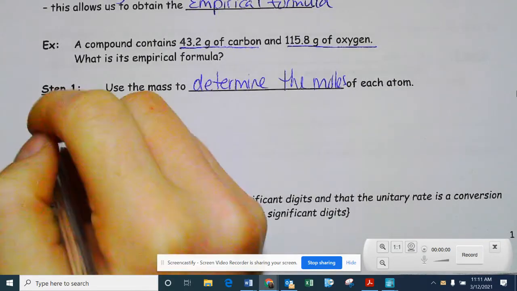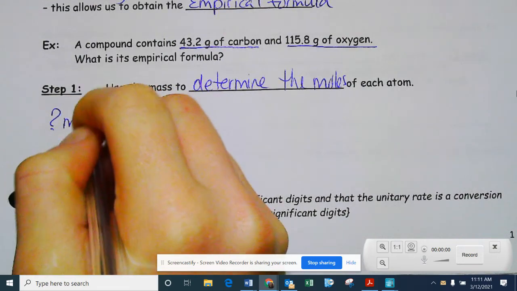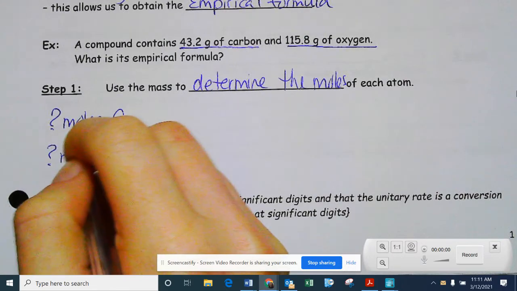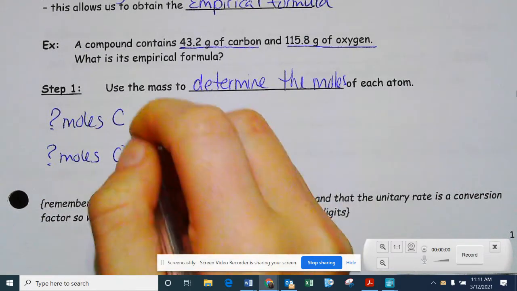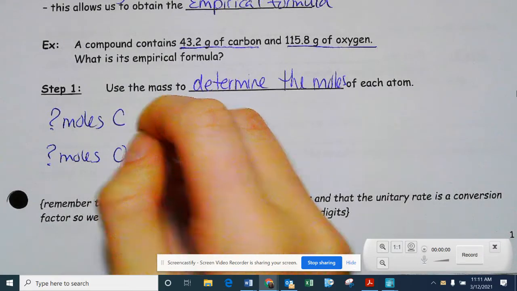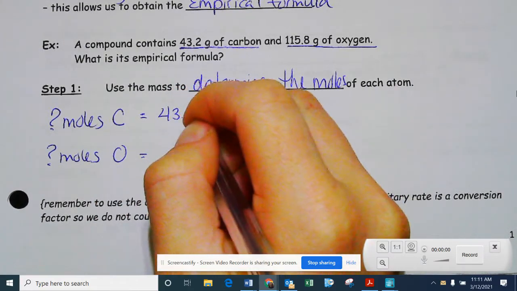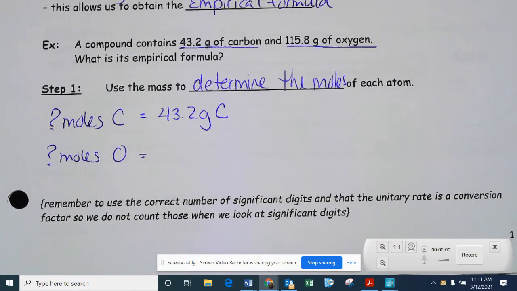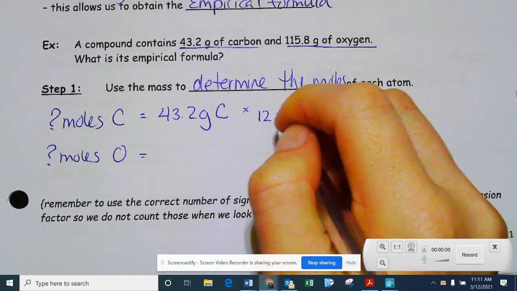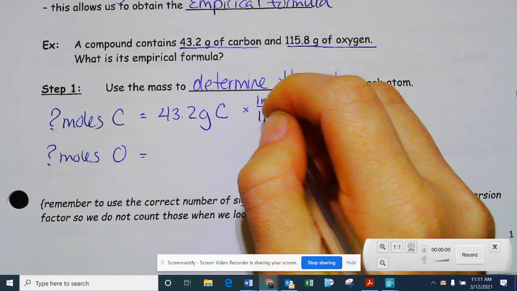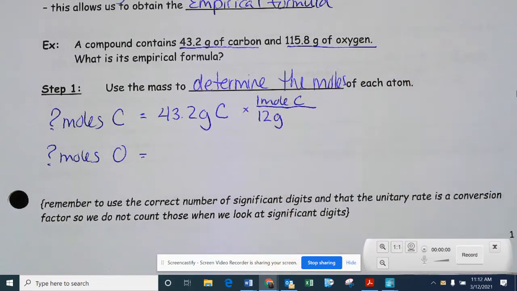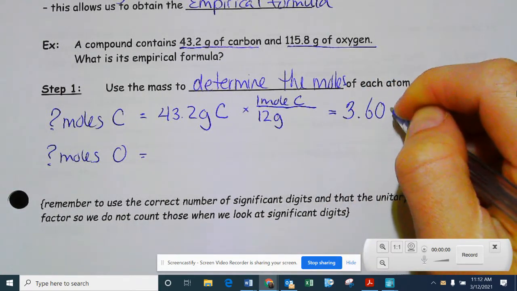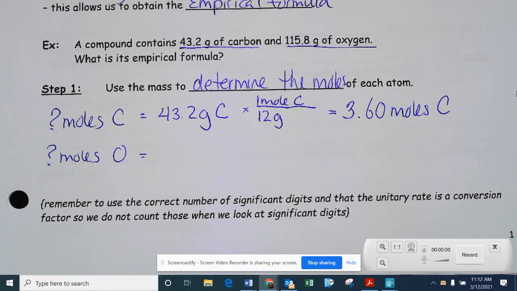We want to know how many moles of carbon and how many moles of oxygen. We start with our mass, 43.2 grams of carbon, and use the molar mass of carbon, which is 12 grams per 1 mole. We end up with 3.60 moles of carbon.